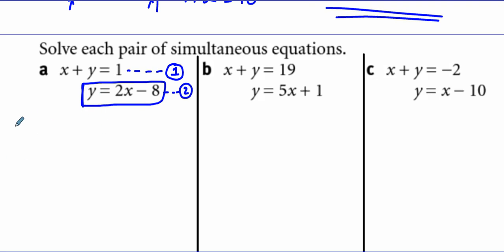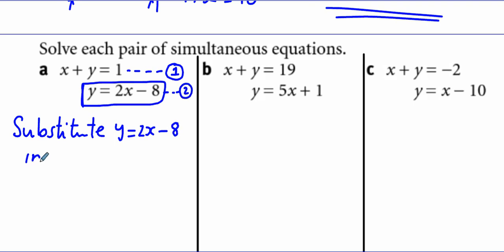So what we are going to do is substitute y equals 2x minus 8 into this equation here, x plus y equals 1. See that?